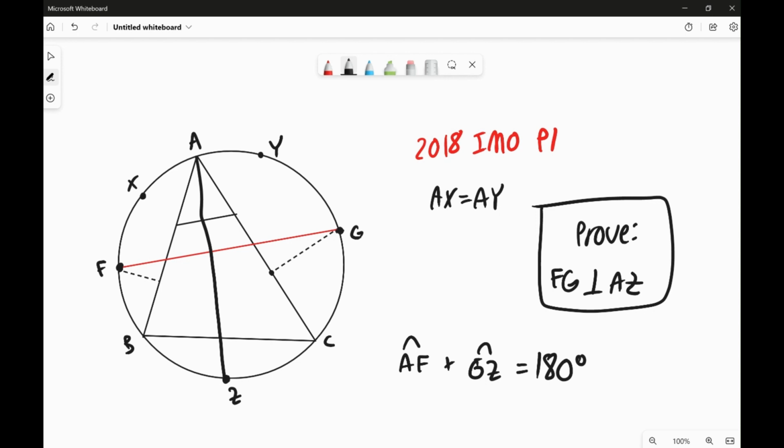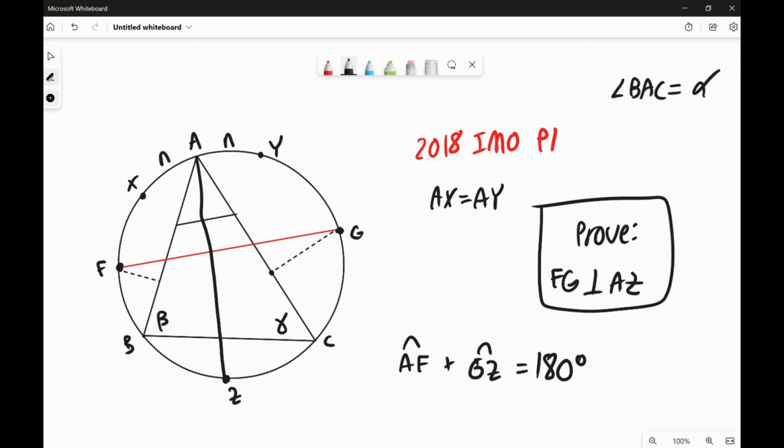At this point, we can just do a bunch of arc stuff. Since AX equals AY, and that's the dependent stuff, we can go ahead and let that be N and N. And also let angle ABC equal beta, angle ACB equal gamma, and then angle BAC is equal to alpha.